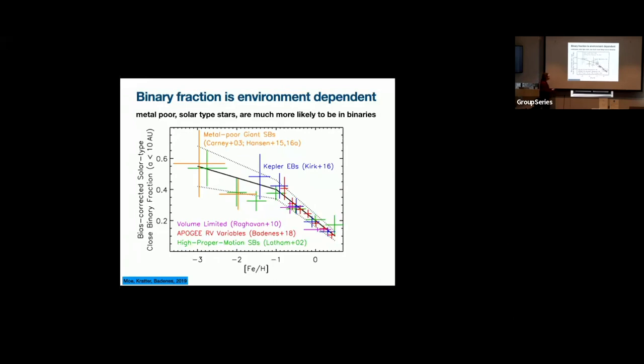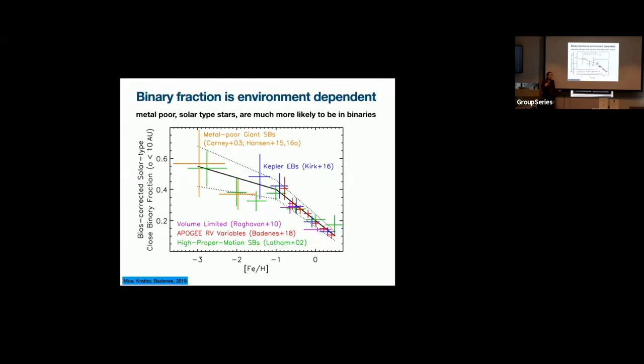So this is Fe on H on the x-axis and the bias corrected close binary fraction, so a less than 10 AU. And this is a variety of surveys that all show this same trend, that as you go from solar metallicities to very low metallicity, the binary fraction dramatically increases.